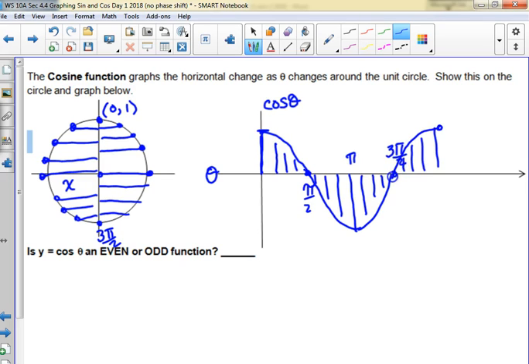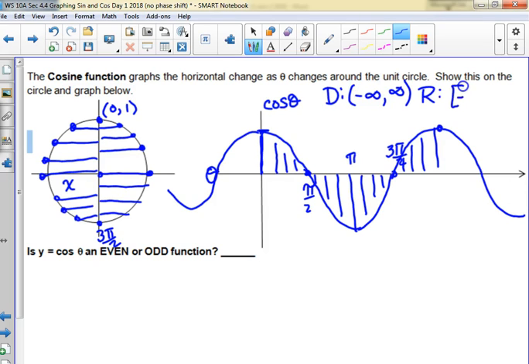All right. So I drew one period. If I were to continue this pattern, both directions, the domain and range are going to be what? -infinity to infinity, and the range is still -1 to 1.